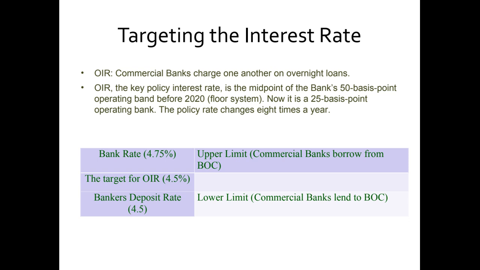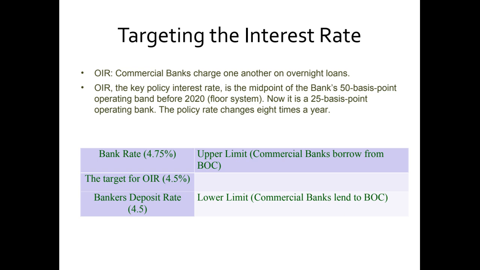So the key OIR, the key policy interest rate, is the midpoint of the bank's 50 basis point operating band before 2020, under the floor system. Now it is a 25 basis point operating band. The policy rate changes 8 times in a year.